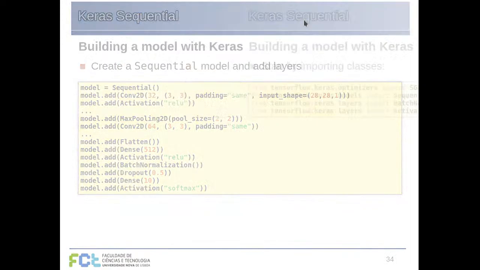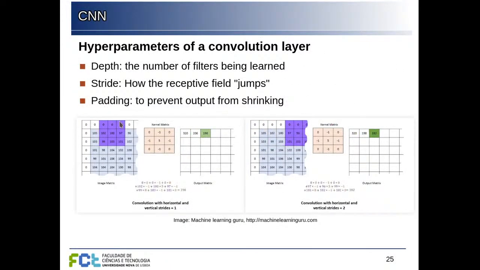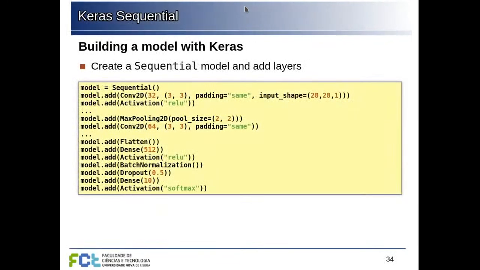So it's this kind of padding that we saw here, where we put zeros around so that the output has the same dimension as the input. I think this is the default, so strictly speaking, you don't need to specify this one, but check the documentation because sometimes the defaults change. And for the first layer that we are adding, we need to specify the shape of each example. Note that this is not the shape of the batch.